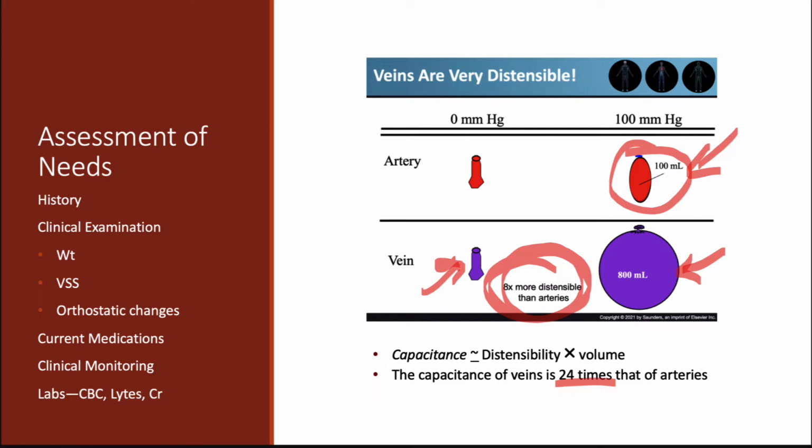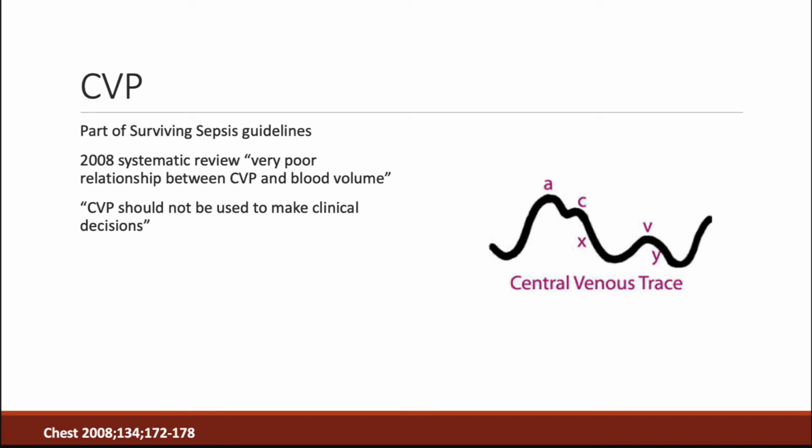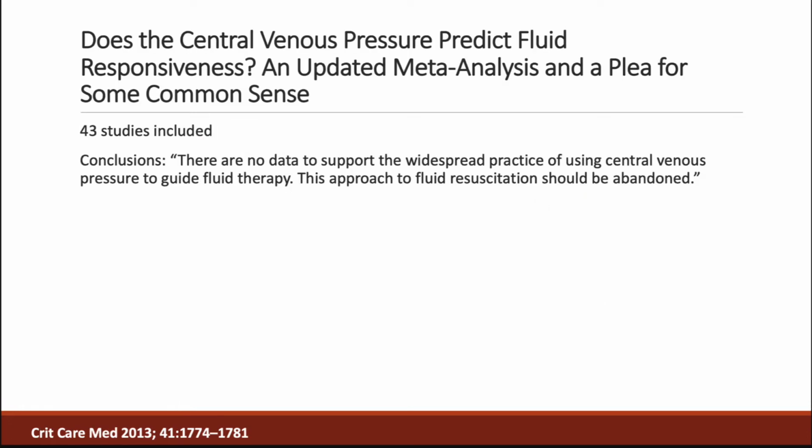You have to put the whole picture together, and we never ever use neck veins alone to determine someone's volume status. Okay? This was shown in study after study, and we now have, as part of the Surviving Sepsis guidelines, to not bother using CVP to make clinical decisions.